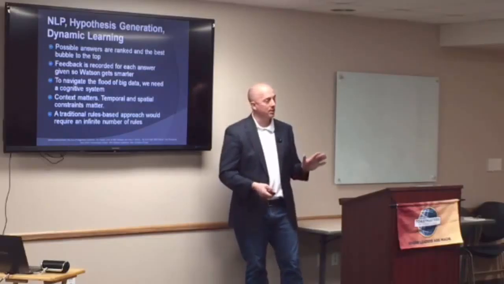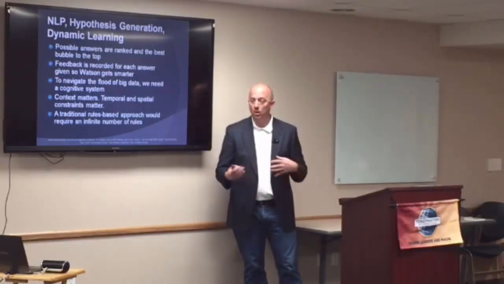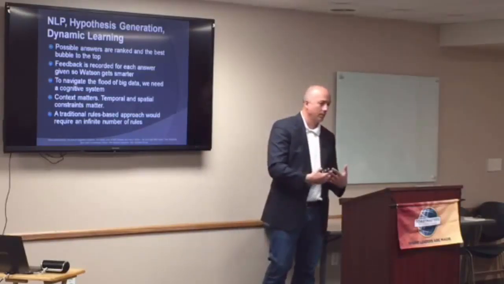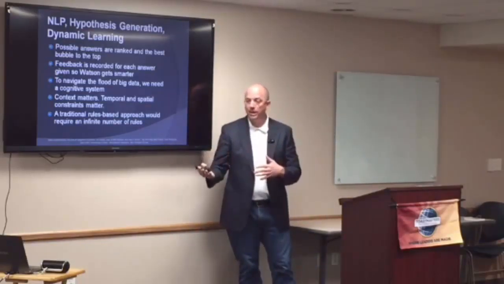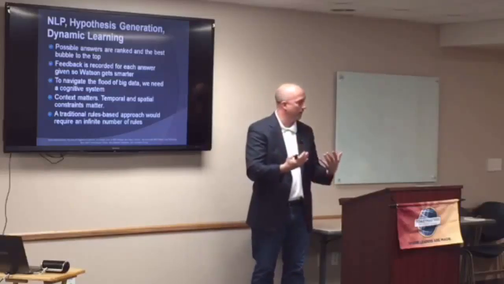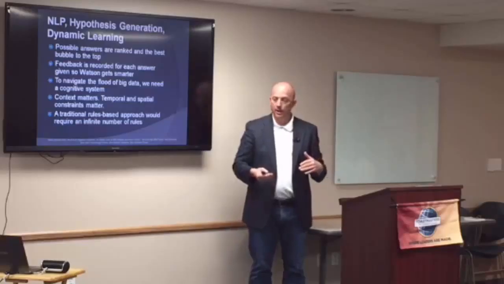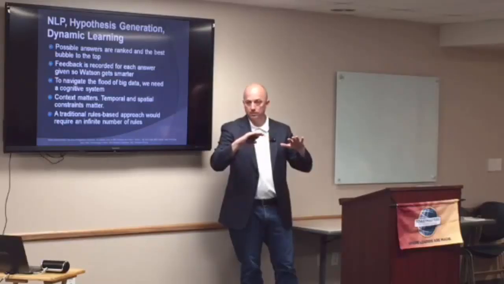So these 3 things, NLP, hypothesis generation, and dynamic learning, all come together to help Watson figure out which answer is the right answer. Possible answers are basically bubbled up in the Watson system, and the best answers are the ones that are given. It's doing all this analysis based on context along the way to provide the best answer.